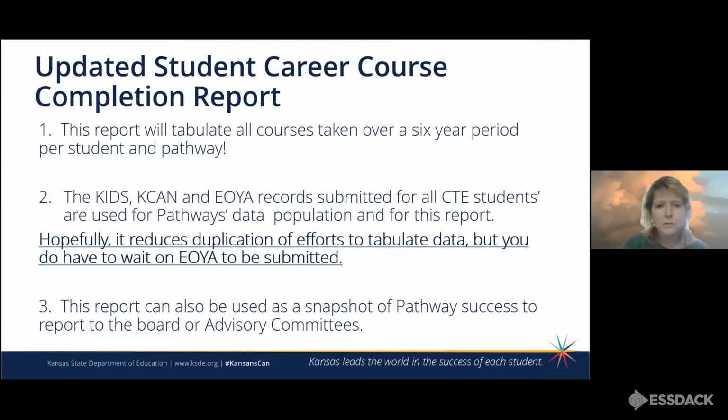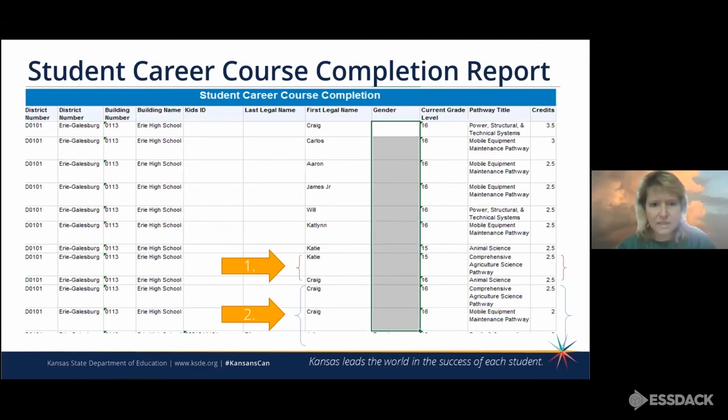I just want to show you what this report looks like just really quick. You can see the arrow number 1 is pointing at a gal named Katie. She has 2.5 credits in animal science and 2.5 credits in comprehensive ag. That's when you would want to take a look at the pathways, whether they qualify for non-traditional.